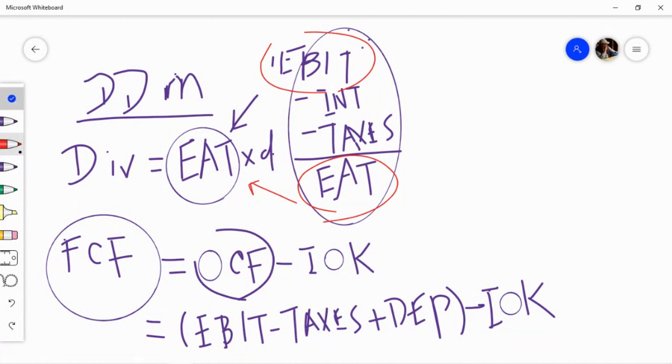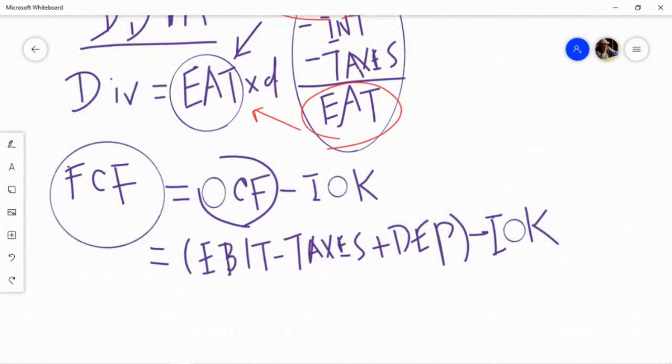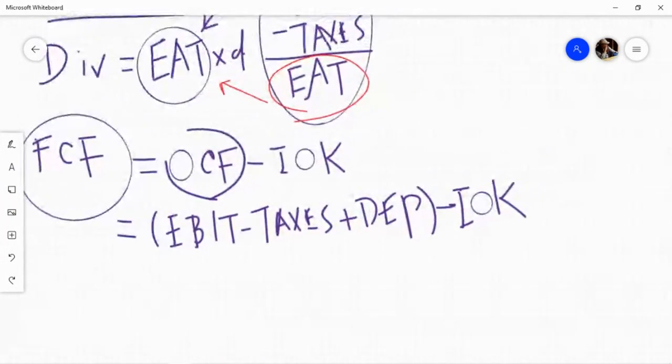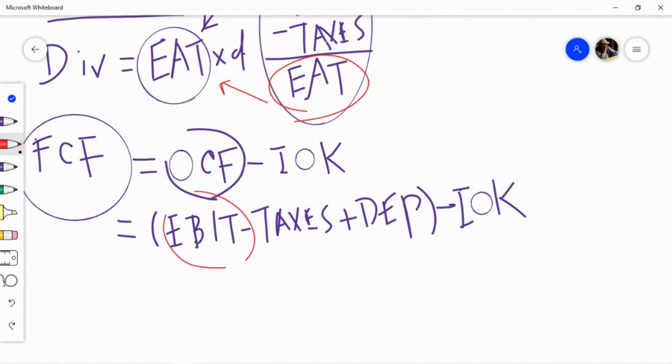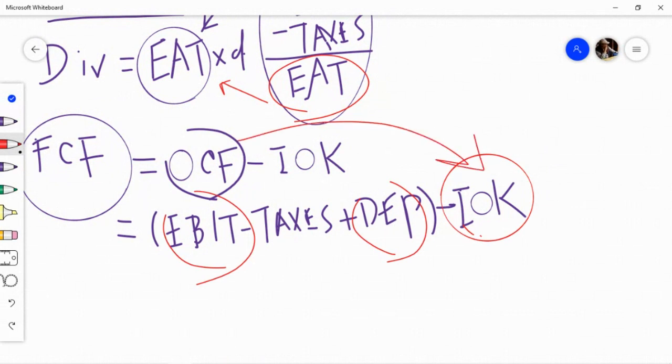Whereas free cash flow also comes from EBIT, but then after subtracting taxes, you add back depreciation, right? And then investment in operating capital must also come from this operating cash flow.